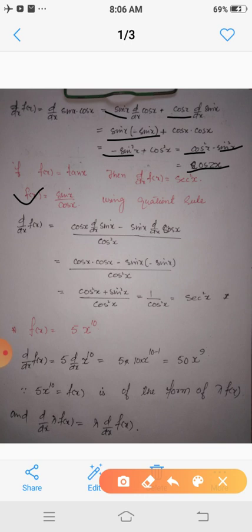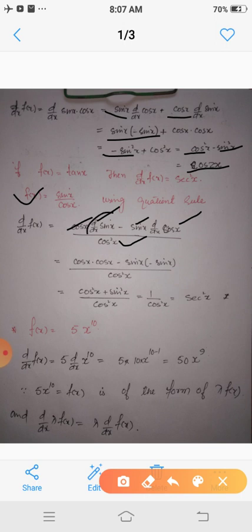So using the quotient rule of differentiation, in the denominator we write the denominator square, that is cos square. In the numerator it is the denominator, that is cos, into the differentiation of the numerator, that is d by dx of sin x, minus sin x, that is the numerator, into the differentiation of the denominator, that is d by dx of cos x.